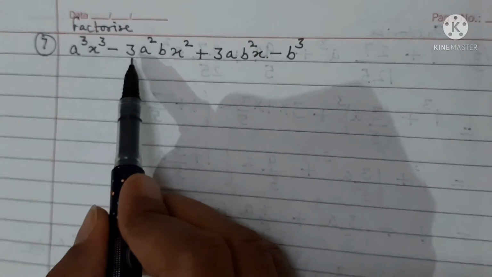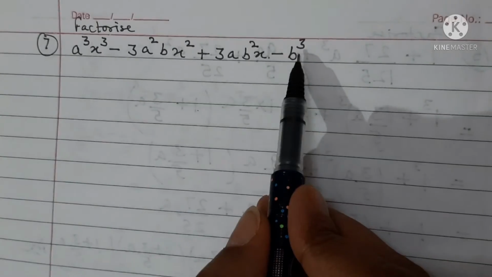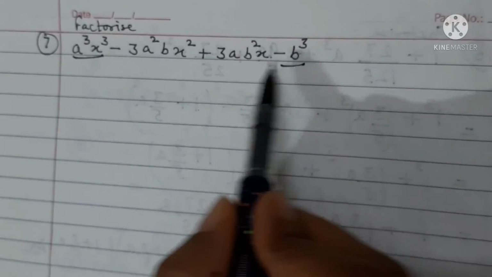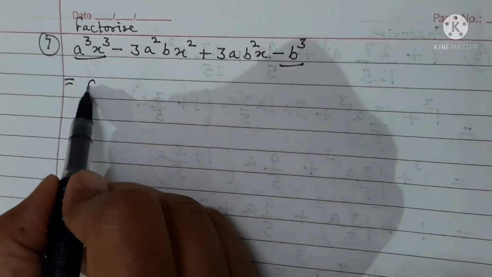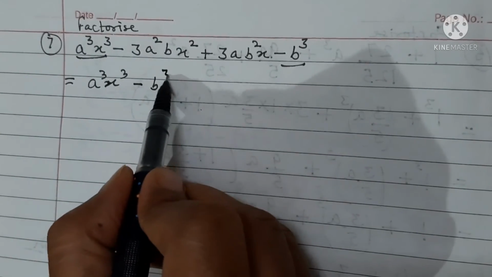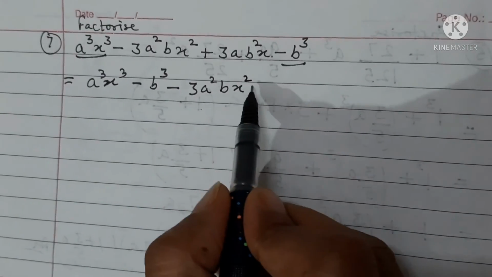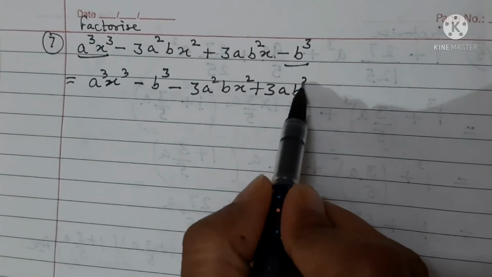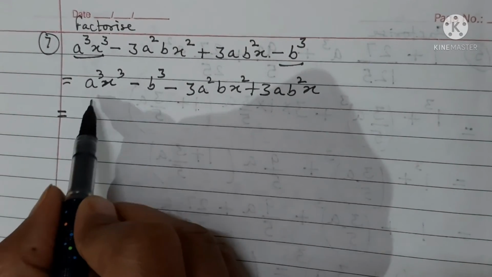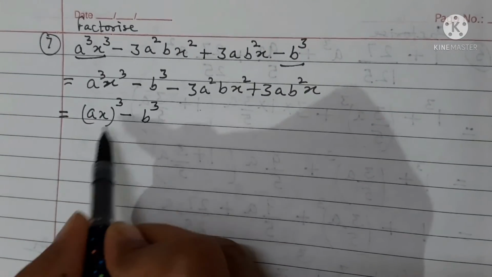A cube x cube minus 3a square b x square plus 3a b square x minus b cube. Here the cube terms are these two. So putting together these two terms, a cube x cube minus b cube, minus 3a square b x square plus 3a b square x. Here you can write it ax whole cube minus b cube.